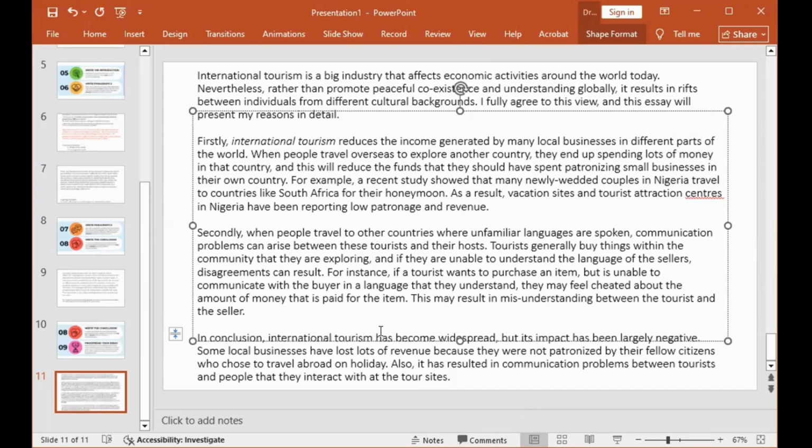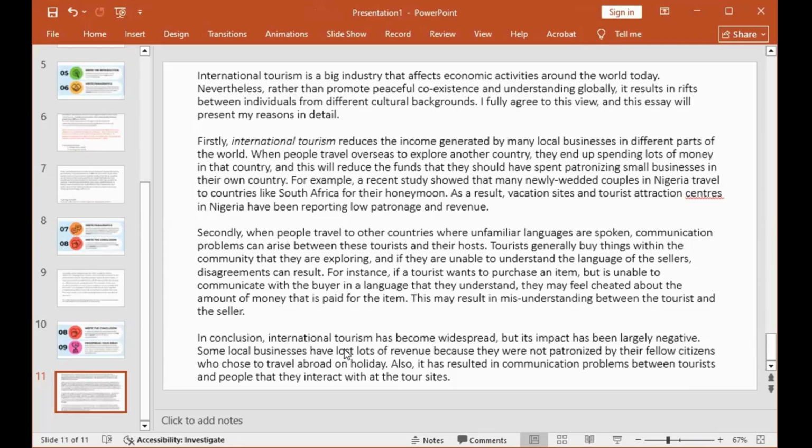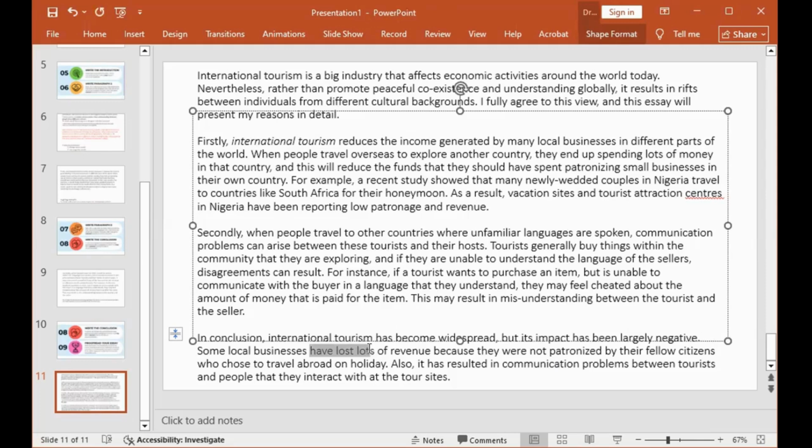In conclusion, international tourism has become widespread, but its impact has been largely negative. Some local businesses have lost lots of revenue because they were not patronized. So let's make sure our tenses are accurate here. In conclusion, international tourism has become widespread. That's present perfect, but its impact has been largely negative. Some local businesses lose. Let's return to our present simple tense.